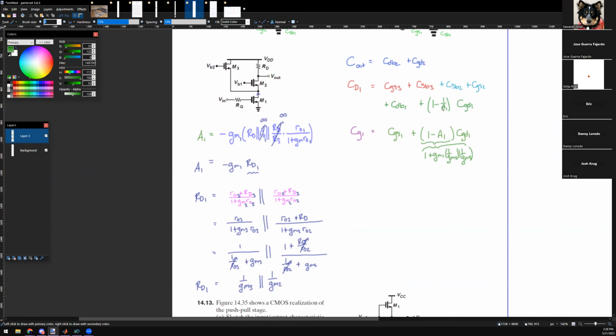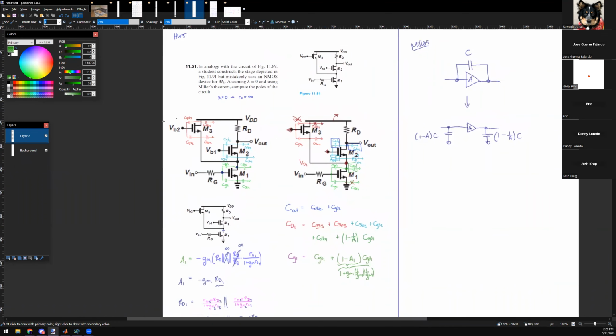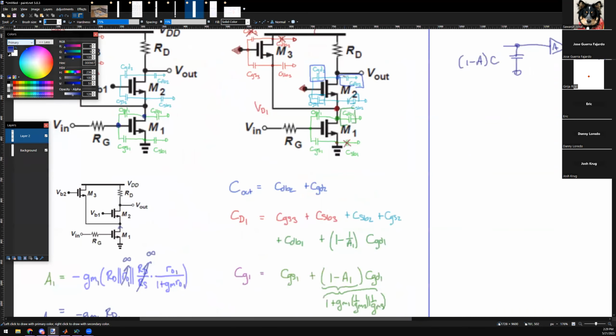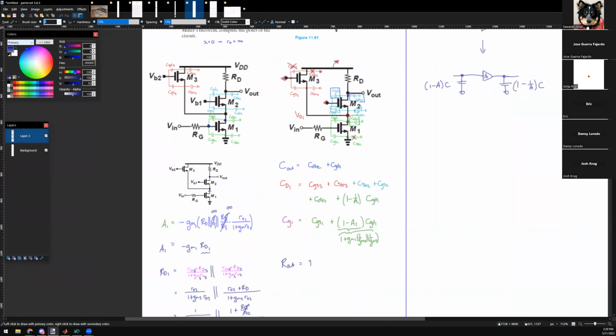And then the poles, the question is, where are the poles? You need to find the equivalent resistances with these guys. So we need R out. R out is the resistance seen by this guy looking out, right? If I look at R out, it's RD in parallel with the impedance looking into the drain of M2.